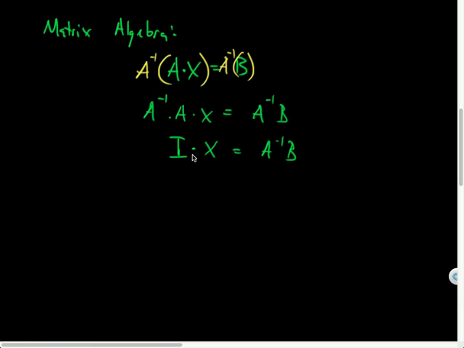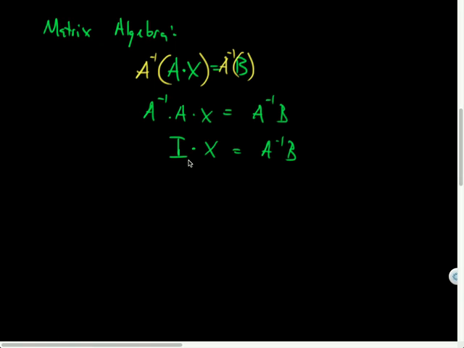Now, the identity matrix, which is 1, 0, 0, 1 for a 2 by 2, right? The primary diagonal was all 1s and all of the other elements were 0. What do I get when I multiply any matrix by the identity? If I multiplied the identity by matrix A, what would I get? If I multiply any matrix by an identity, what would it give me?